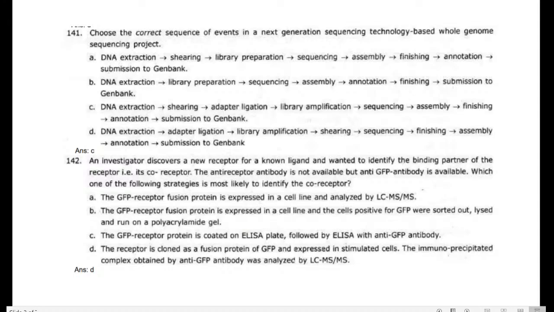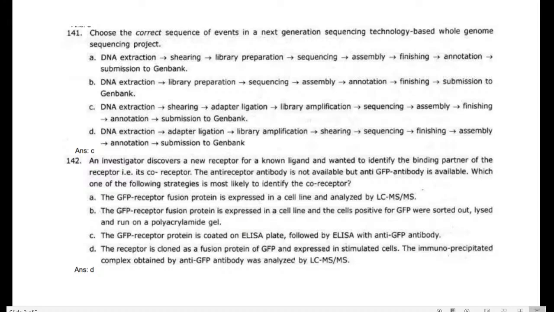Each and every step is important in this DNA sequencing technique. In this, the correct order is answer C. First, we want to extract the DNA. That is the first step. Then shearing. Shearing is a process that makes the DNA flexible for sequencing, because during the sequencing technique it should be in a flexible manner.